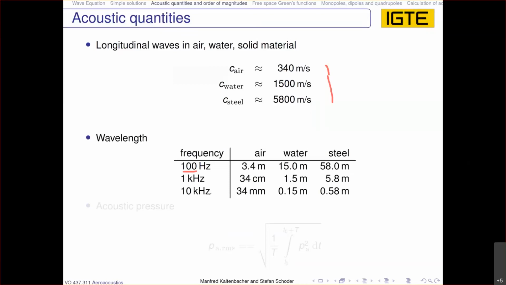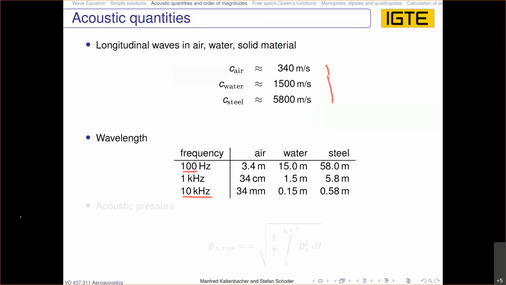Even at 10 kilohertz, you still have a large wavelength in steel as well as in water, and in air the wavelength is 3.4 centimeters, for example. So you see this very important impact. We can even get this information from the partial differential equation, this relation between space and time.